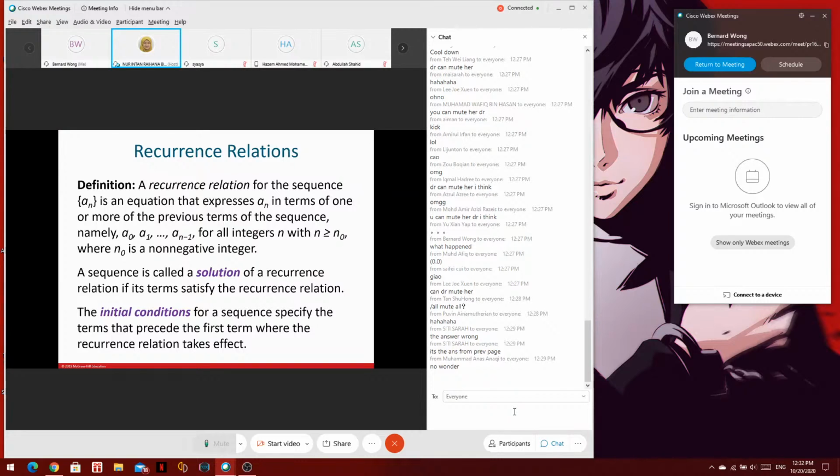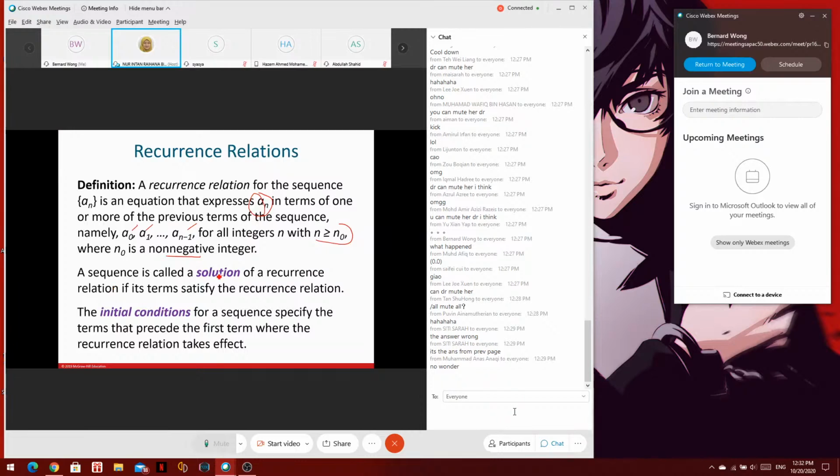Recurrence relation. A recurrence relation for the sequence an is an equation that expresses an in terms of one or more of the previous terms of the sequence, namely a0, a1 until an minus 1, for all integers n with n greater than or equal to n0, where n0 is a non-negative integer.